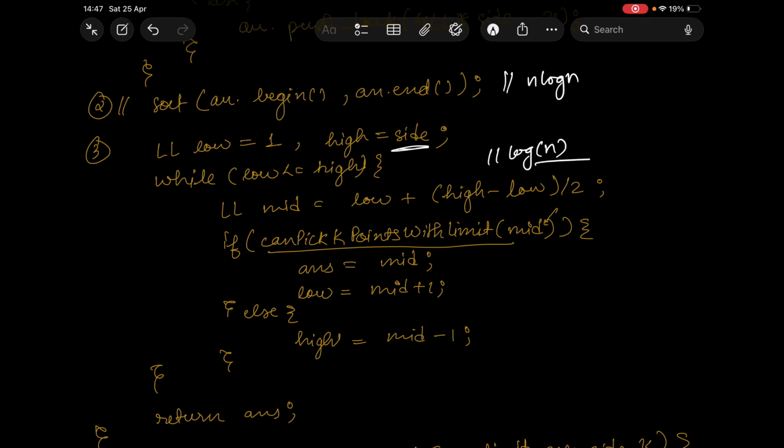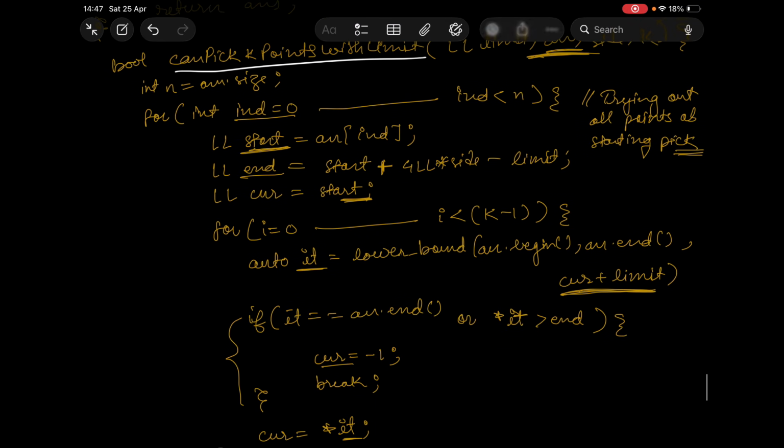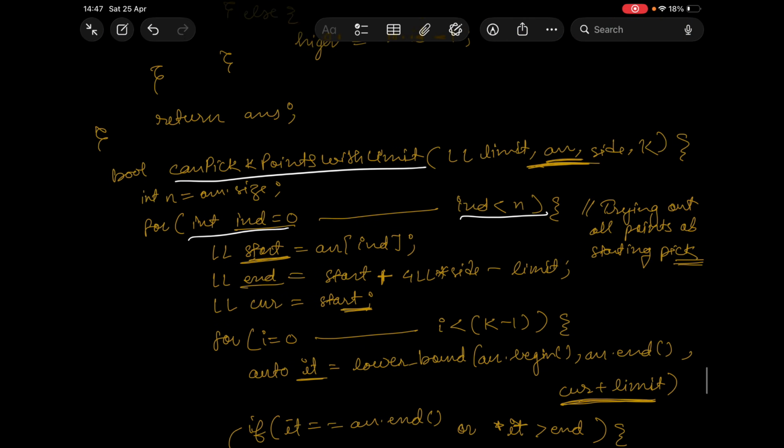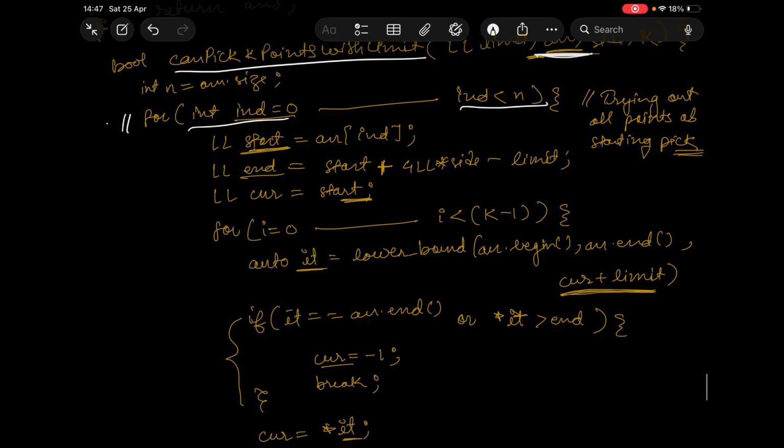But inside this, we are having this method. So how much would it take for each of these points? Let's calculate for this method. This is one method which goes over the array, and the array would be of length n, all the points. So it would run n times.